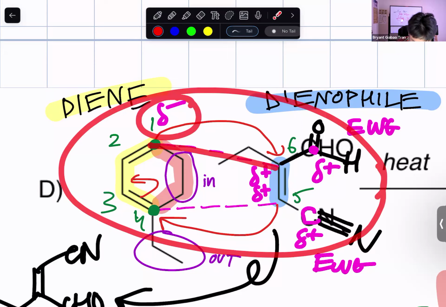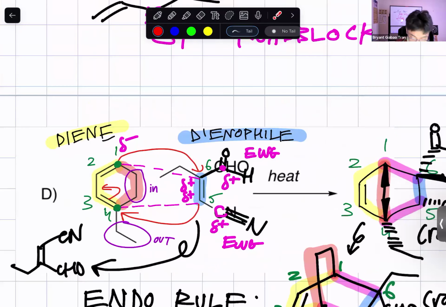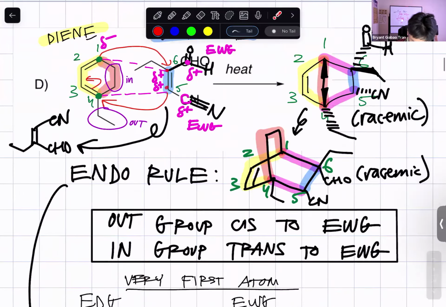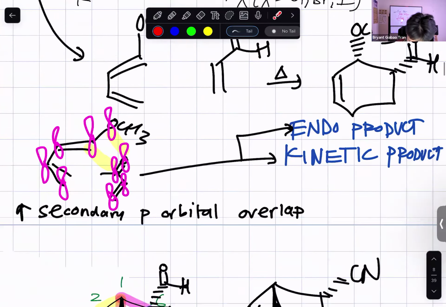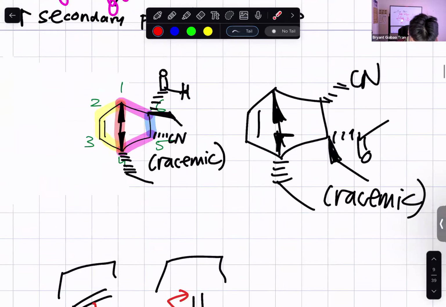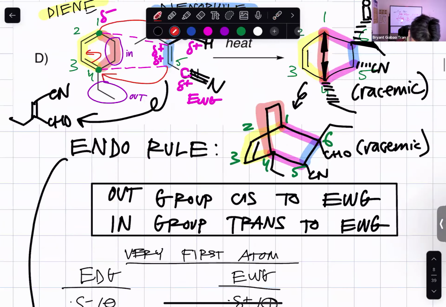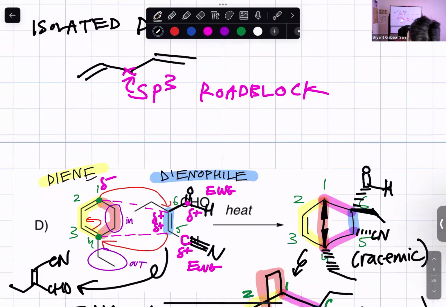The negative charge here is attracted to that positive charge, so the reaction can go through. But if we flipped it around, it could still go through, because there would still be positive charges on the dienophile to align with the diene. If I flipped it around, it's going to look like this. Let me draw this.